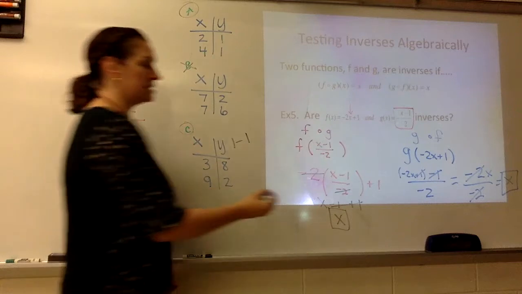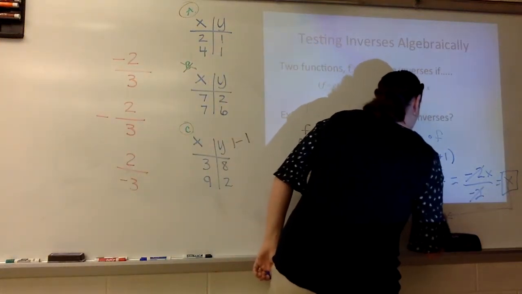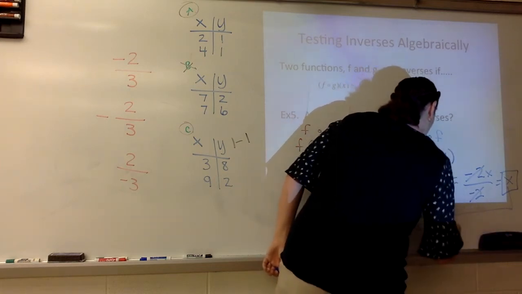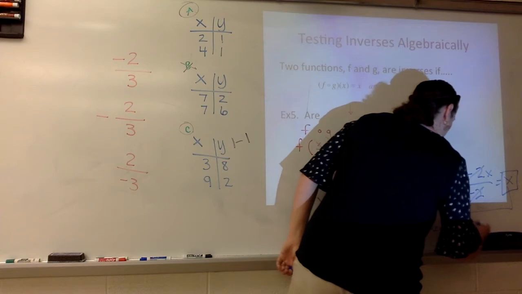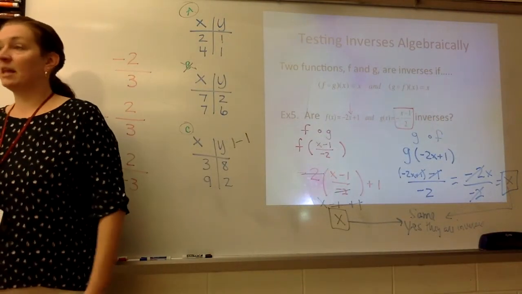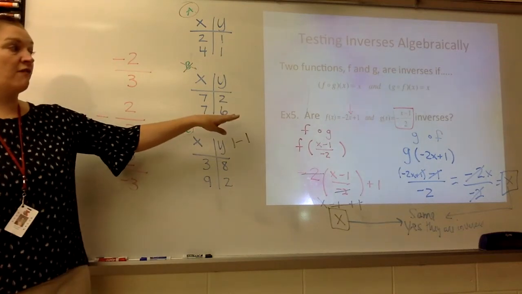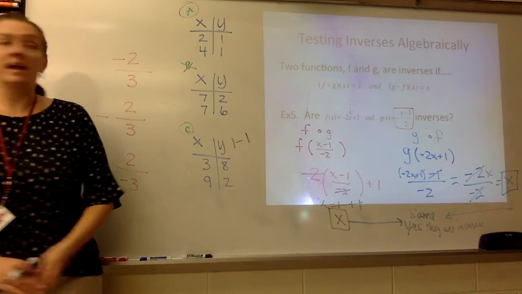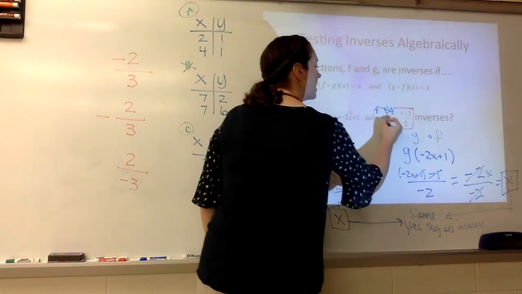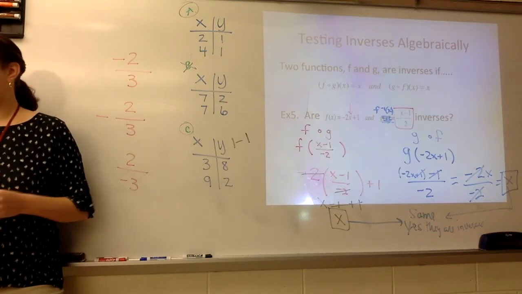Okay, so what it means is, since you came out to the same, and they both came out to x, that tells you that these two functions, f of x and g of x, are inverses. In other words, I could write this as f inverse of x if I wanted to instead of using g of x. They're inverses of one another.